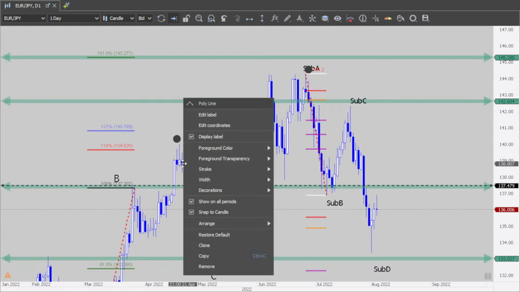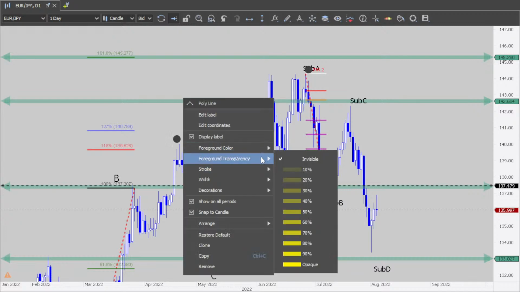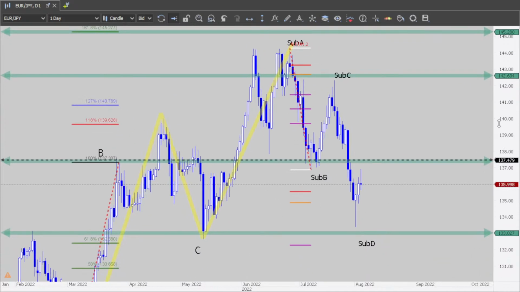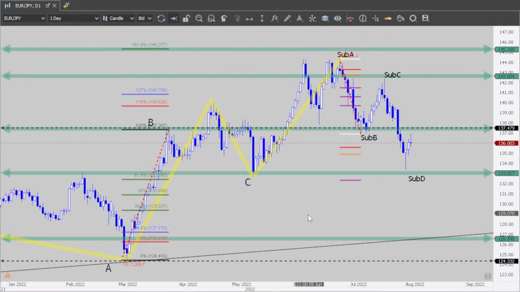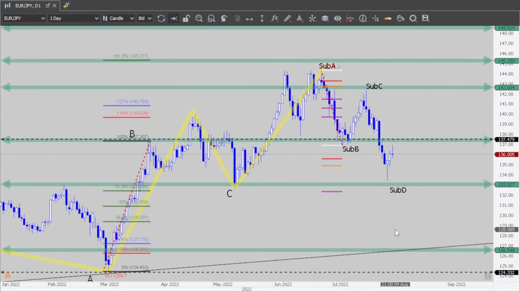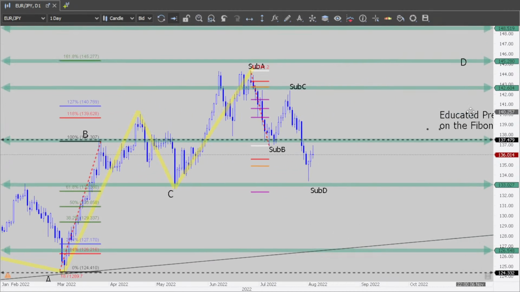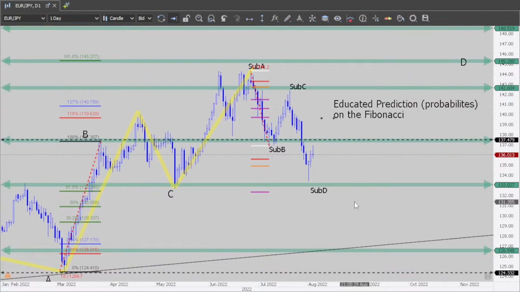Now we can get back with the market wave. So this is what we see, everybody. ABC, right? Let's make a poll, everybody. Make an educated prediction talking about probabilities on the Fibonacci.